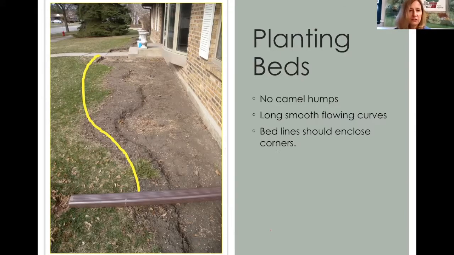So as you can see here, somebody pulled out whatever was in the front here. Where you see the bed line, those two camel humps there, and then that dead space of dirt, and then the grass starts, that shows you where the plants had outgrown that bed. The yellow line shows you a much more realistic bed line.